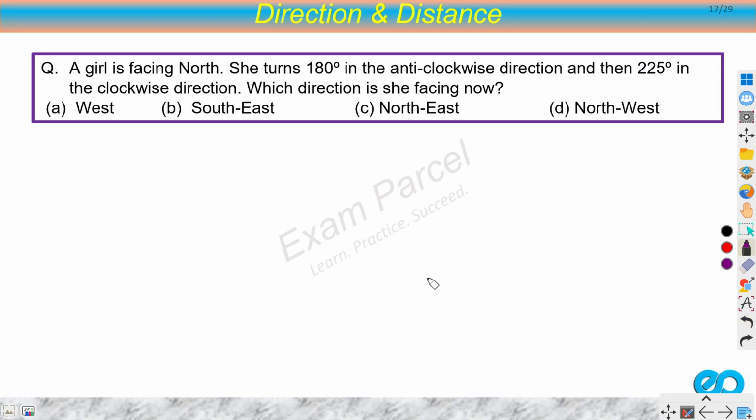A girl is facing north. She turns 180 degrees in anti-clockwise direction and then 225 in clockwise direction. Which direction is she facing now? Okay, so the girl is here. Let me draw directions: east, west, north, south. Let's say this is the starting position of the girl.